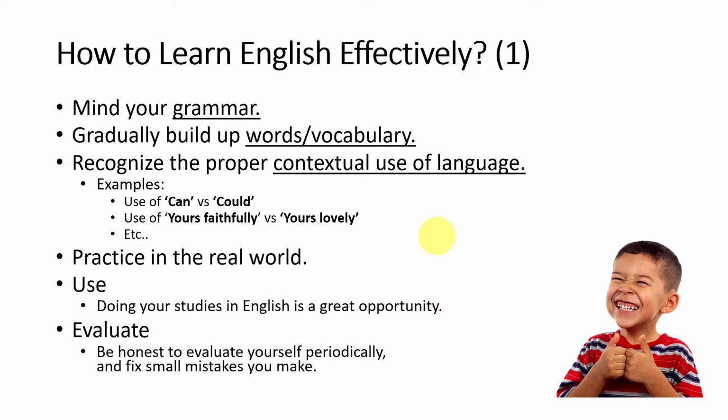So why don't we finish it? And then gradually build up the words for the vocabulary and the proper contextual use of language. And start practicing in the real world. There are plenty of opportunities to practice in the real world and start using it.